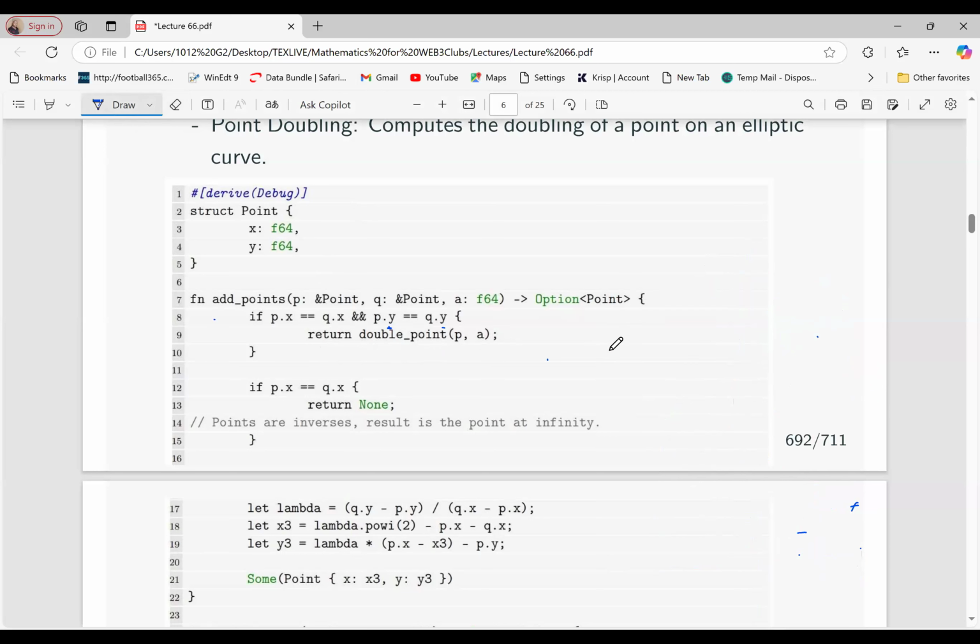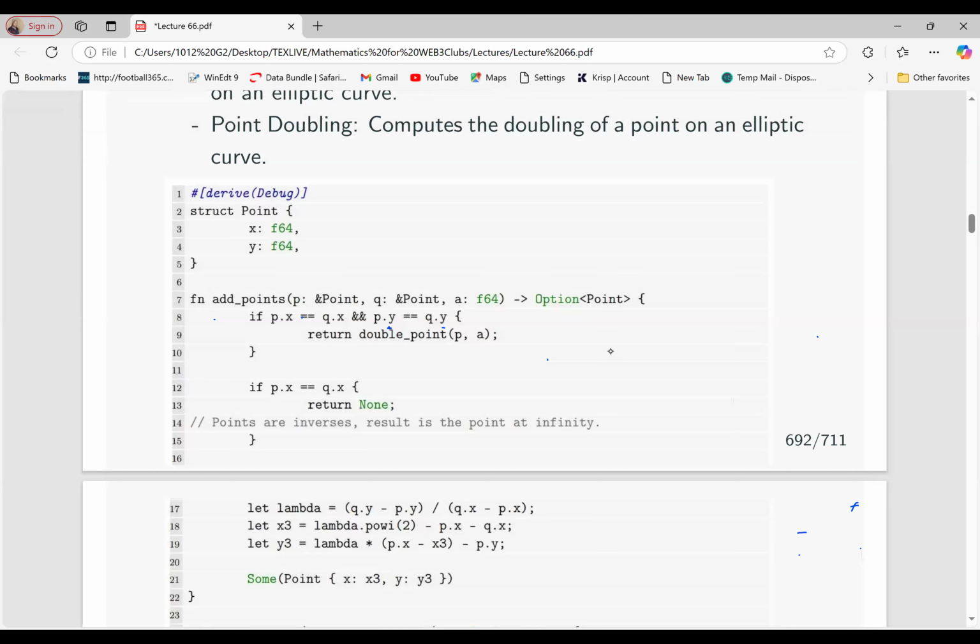What this one is saying is that you're given 2 points P and Q. If the x value of P and the x value of Q is the same, and also the y value of P and the y value of Q is the same, then it means that P and Q is the same point. So if you were to add, then what should come out should be the double point. That's what should come out, the double point.